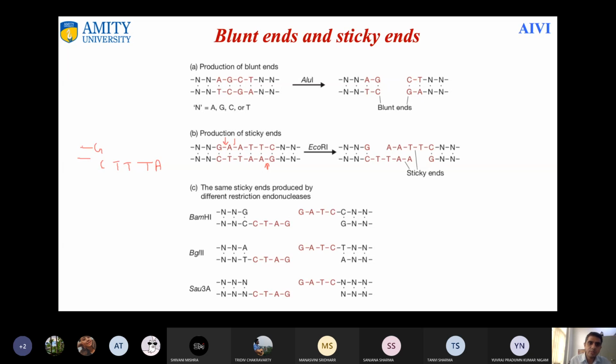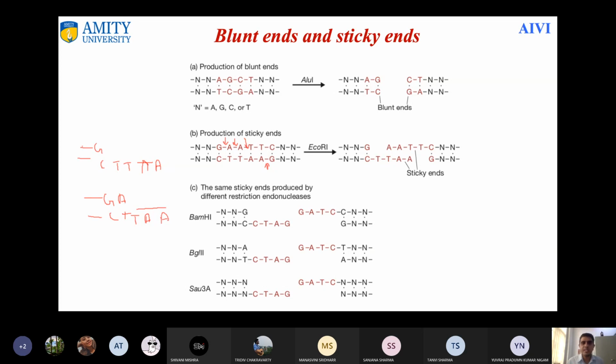In the second case, you may say it is cut here, then the overhang is going to be these 3 nucleotide sequences. If you say it is going to produce a cut here, then the overhang is going to be different, and so on. So the overhang depends upon where it is going to produce the cut.